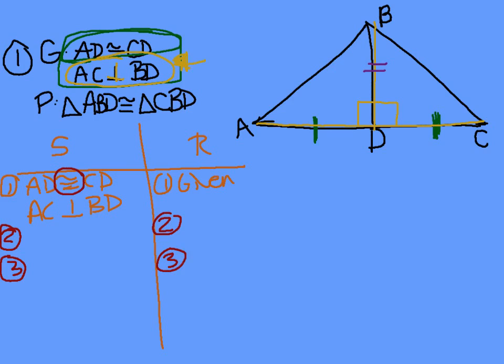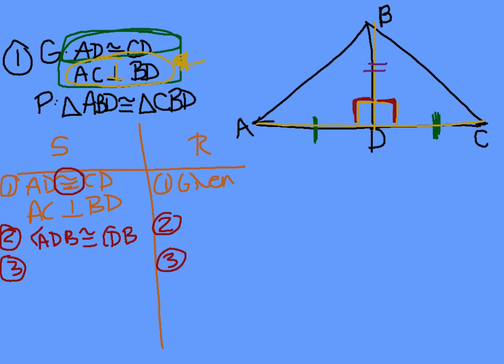We have to explain what we marked and why. So this AD is CD, the green ones we already explained. So now we need to explain the yellow 90-degree angles. So the yellow 90-degree angles, we want to give a congruent statement. So we want to show this angle right here is congruent to this angle over here. So we're going to say angle ADB is congruent to angle CDB.